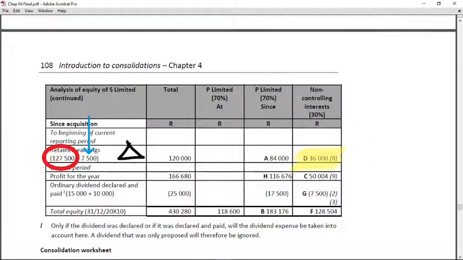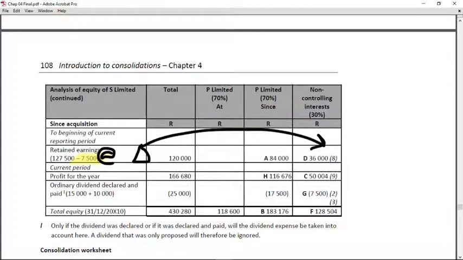Important: what I want you to remember here is that the reason why we deduct this 7,500 Rand at acquisition amount is because of the at acquisition consolidation journal entry. So you start with 100% of S, you apply the effect of the consolidation journal entry at acquisition date, and you are left with the movement. Then you write a consolidation journal entry for the portion attributable to NCI, and you are again left with the amount attributable to the owners of the parent.